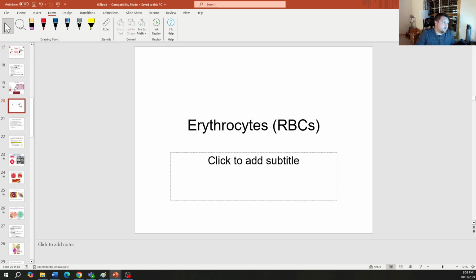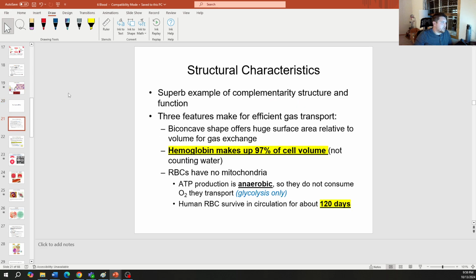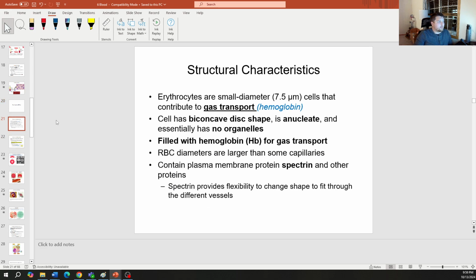Starting with erythrocytes, the red blood cells. I'm going to point out the things that are bolded and highlighted are the big things, the things that you 100% need to remember, not only for testing in this course, but also for general knowledge. Okay?